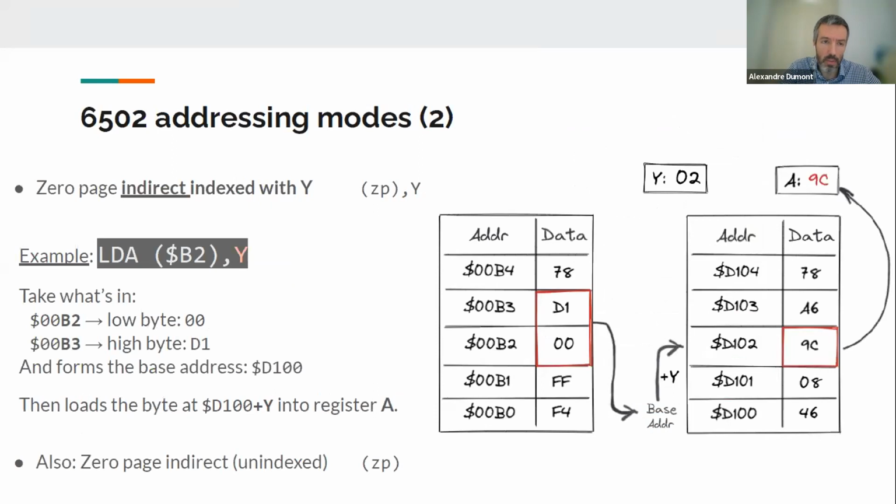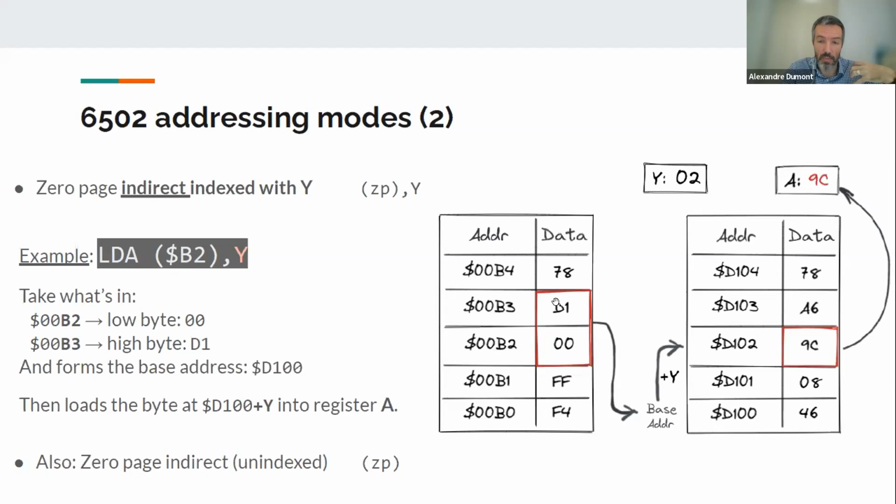And this one is a bit more complex. It's zero page indirect indexed with Y. In that case, the example is LDA (B2), Y. What the 6502 is going to do is read the byte at B2 and the byte at B3, the consecutive one, and with that it will build an address.